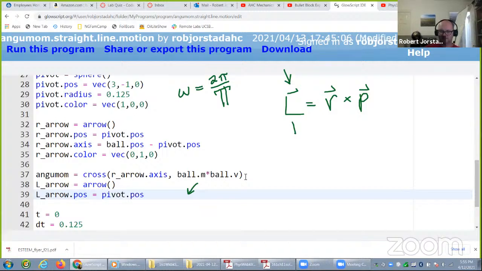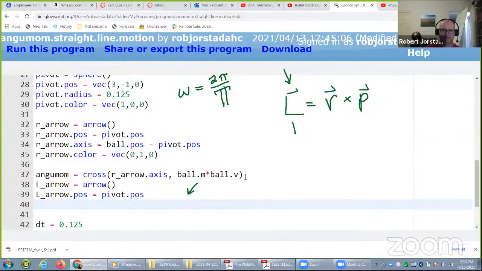At the pivot, because it's angular momentum about that pivot. The angular momentum vector is represented by an arrow on the axis of rotation. So now that will draw the arrow.